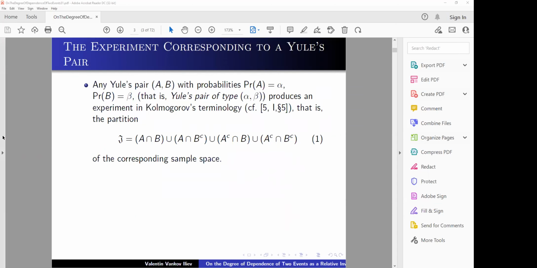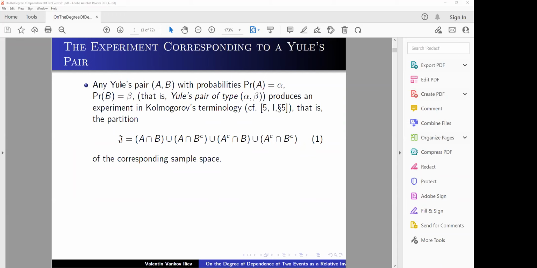I'll begin with some terminology. I call an ordered pair of events in a probability space Yule's pair. You'll see the reason in the end of the talk. This is a historic reason.